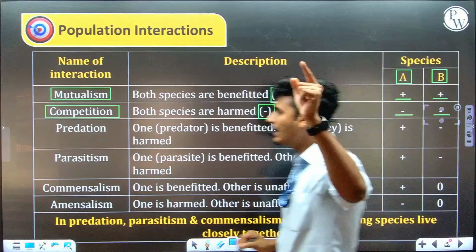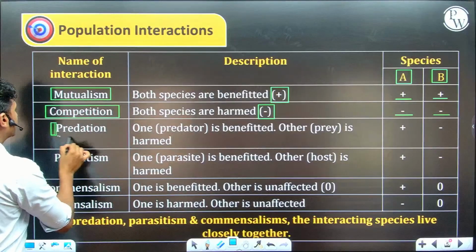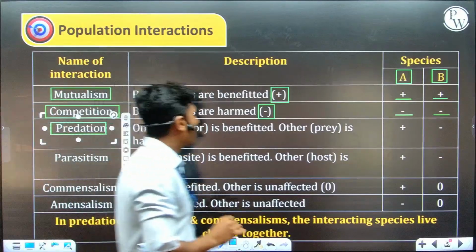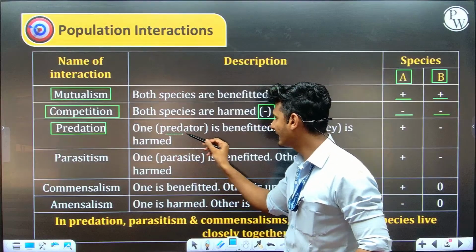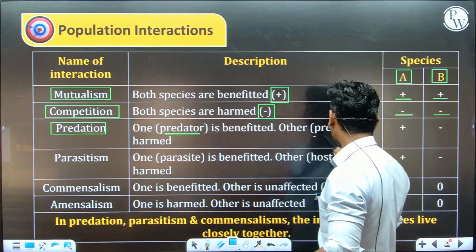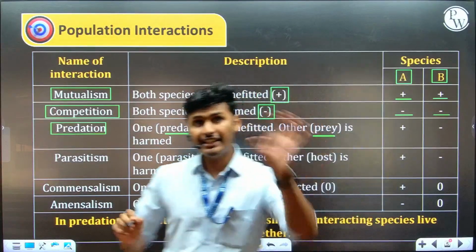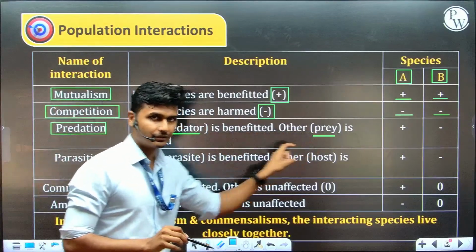Now the third concept is predation. In predation, one individual is a predator which is going to attack. The second individual is the prey on which the predator attacks. So one is the predator, one is the prey.